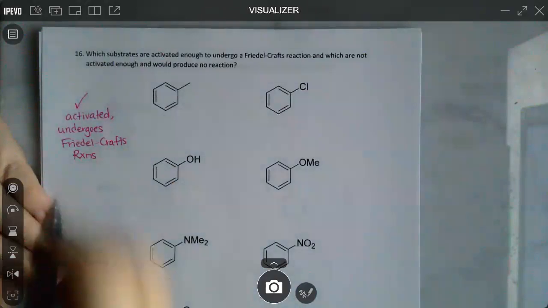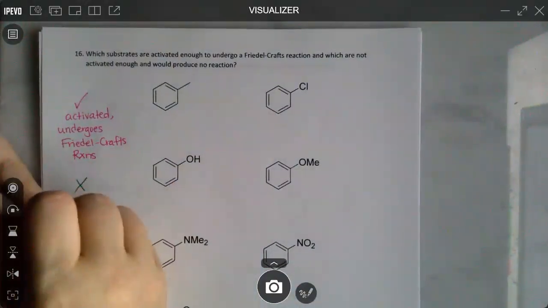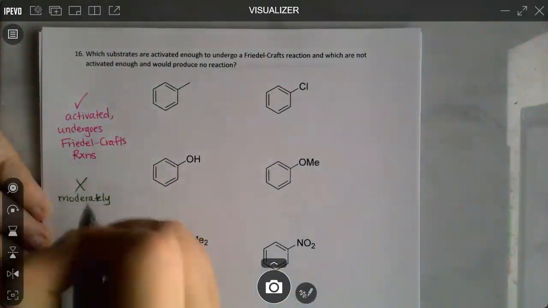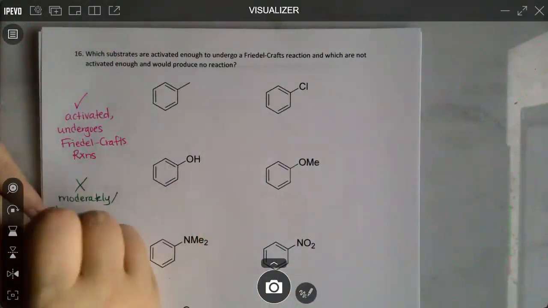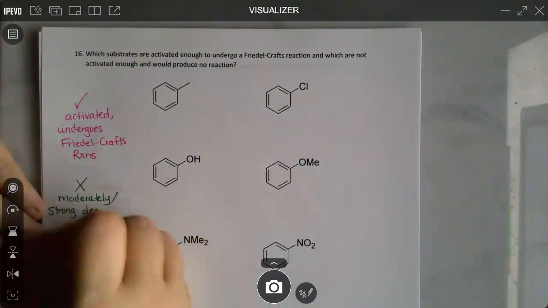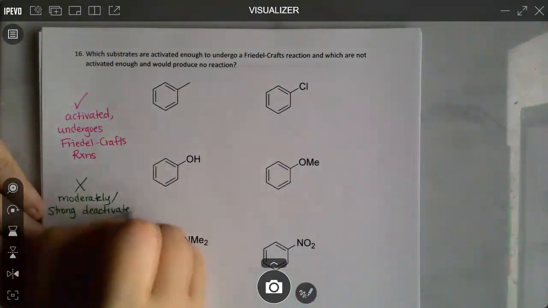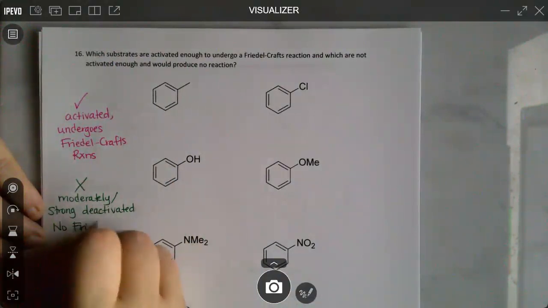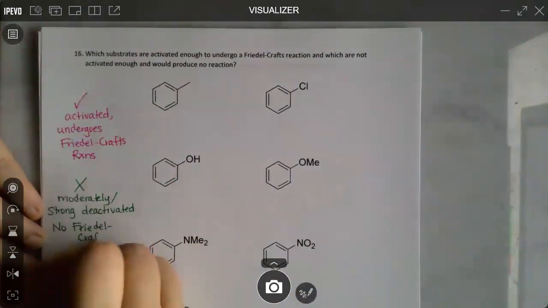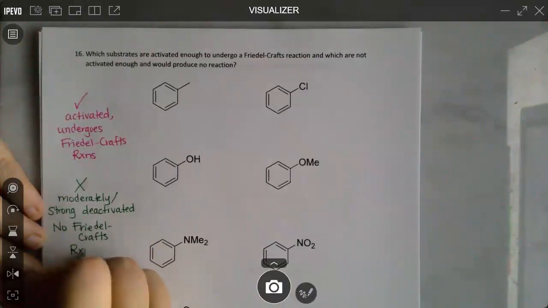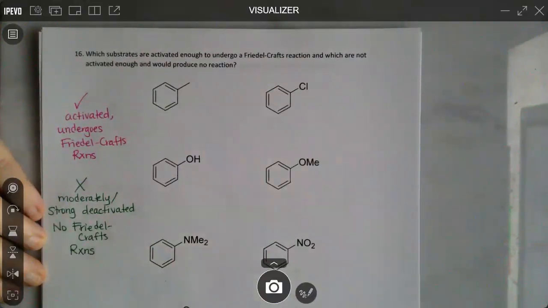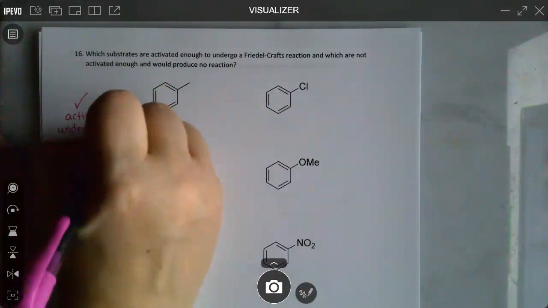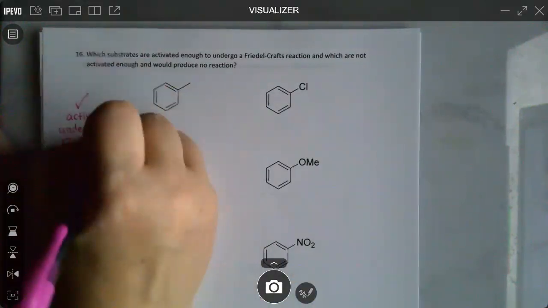And then we'll do X's mean either moderately or strongly deactivated, no Friedel-Crafts reactions. Okay, so we'll put activated or only weakly deactivated.